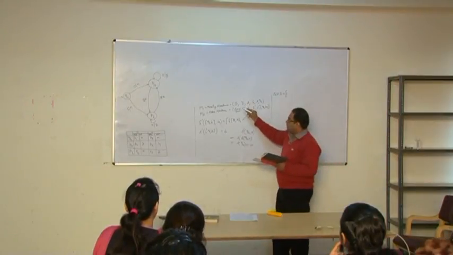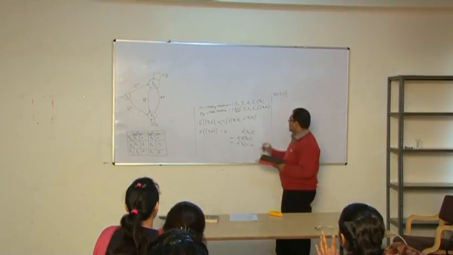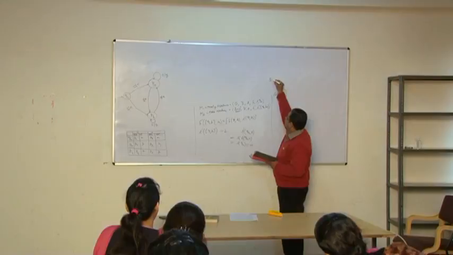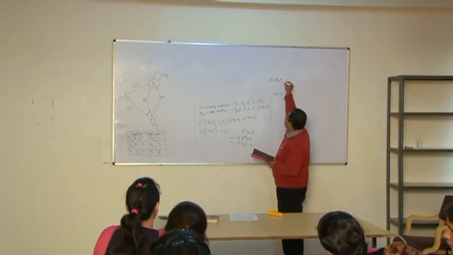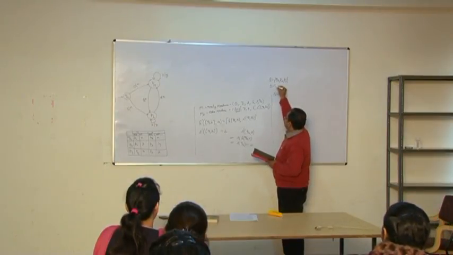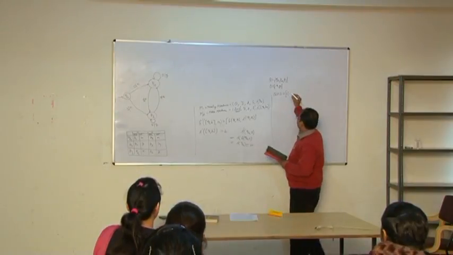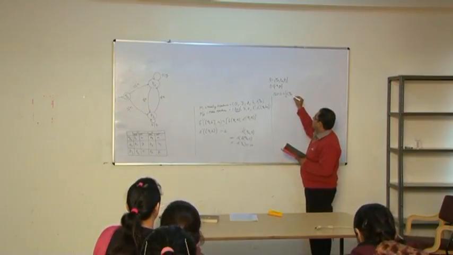Cartesian product of the output symbols and states. So capital Q we have is, and delta we have is. So now what are the combinations possible?